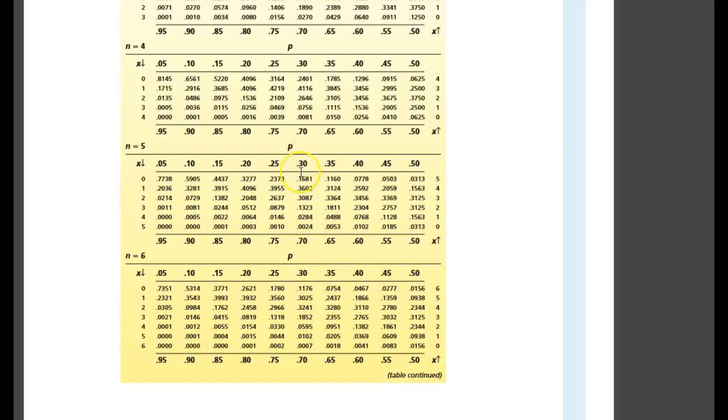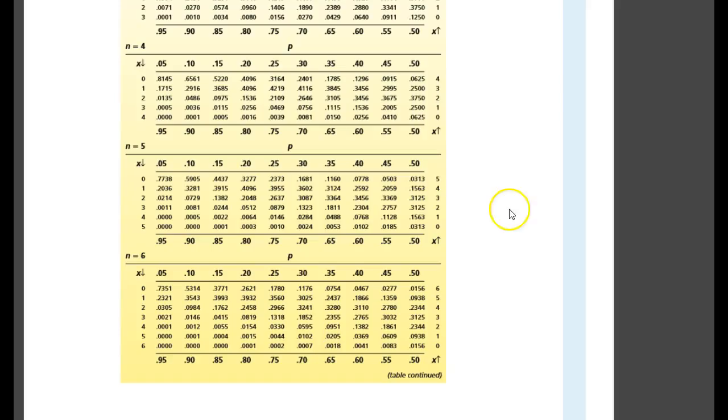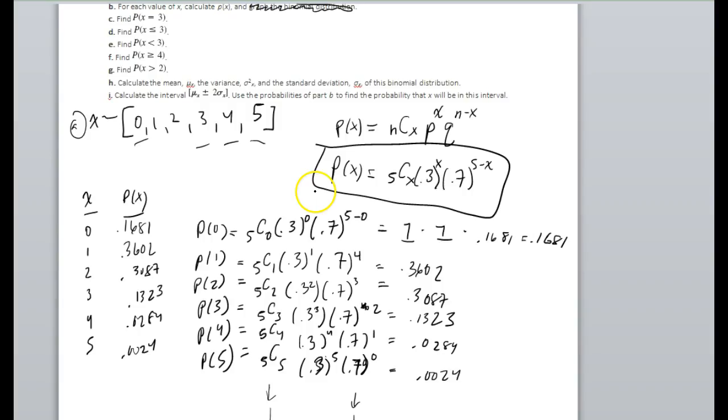So these are going to be the probabilities of all the different x values. So x equals 0, 1, 2, 3, 4, 5. And then look at these values here. 0.1681. That matches what we got. 0.3602 and 0.3087.